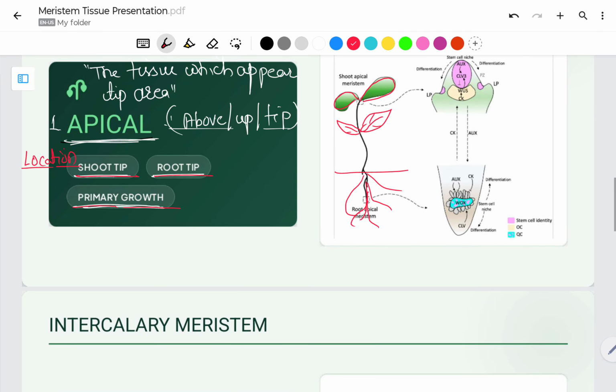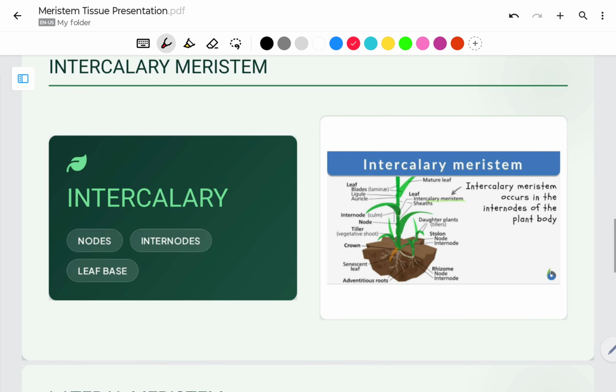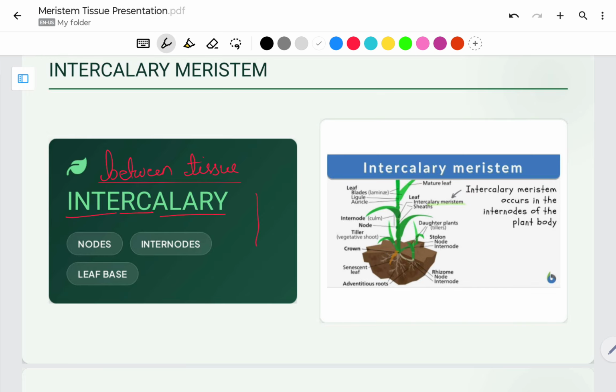Now the second type of tissue is intercalary. Inter means between, so it is the between tissue. The tissue which is present between the node and internode, for example in a growing plant, near the leaf structure.